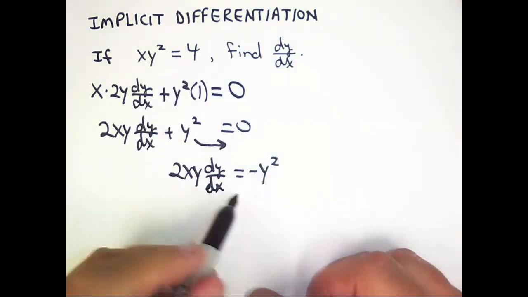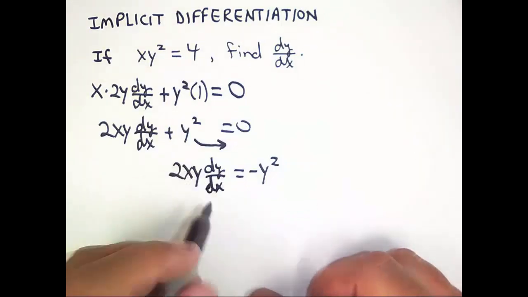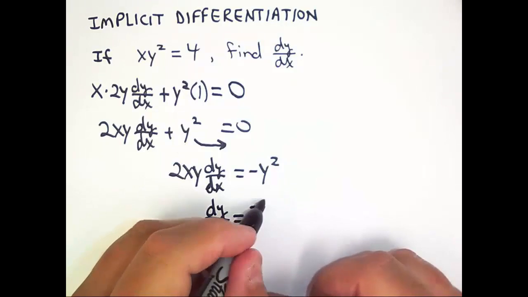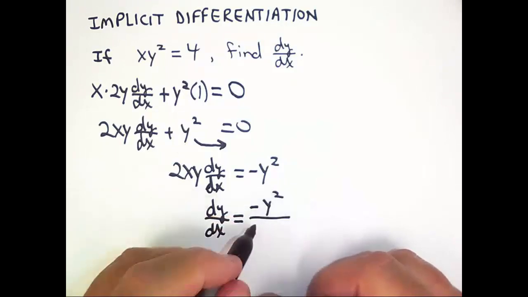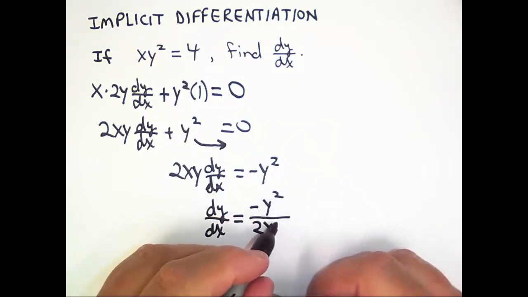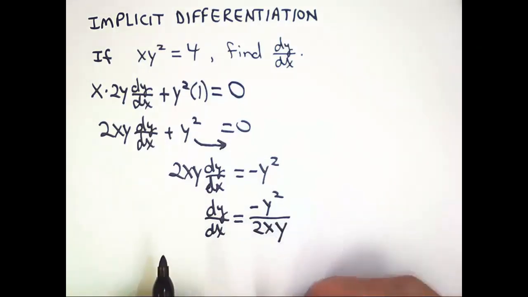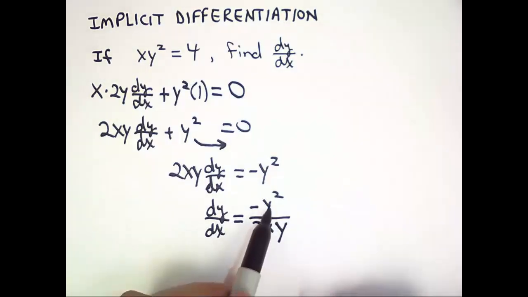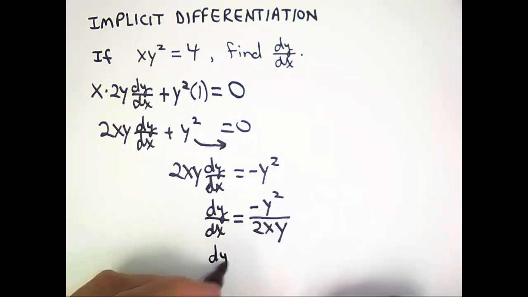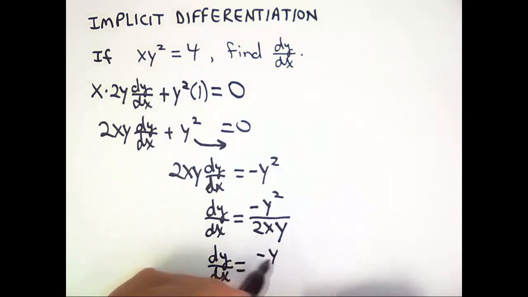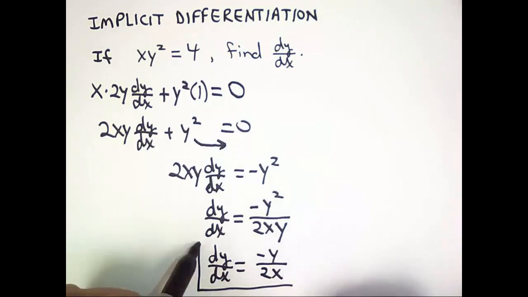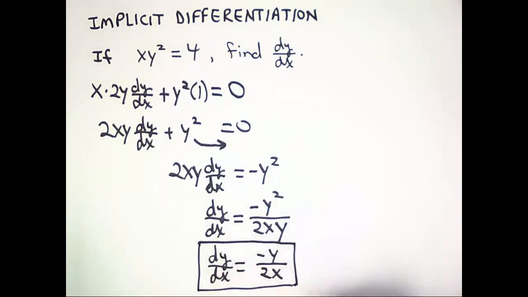And finally, just divide both sides by 2xy, and I'll have dy over dx is equal to minus y squared over 2xy. The one thing you need to be careful about here is there's a y here and a y in here, so I can divide a y out of the numerator and denominator. So you do need to look to see if there are any simplifications that you can carry out. And so now I've found the derivative of y with respect to x.